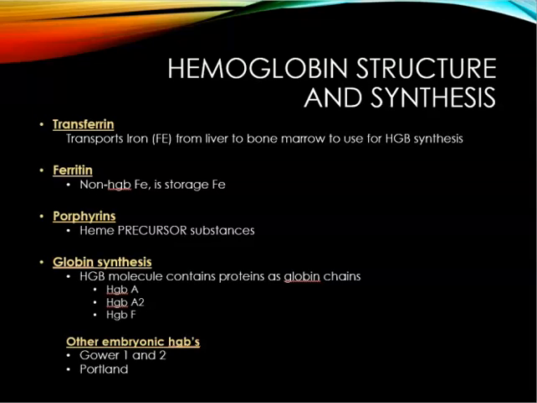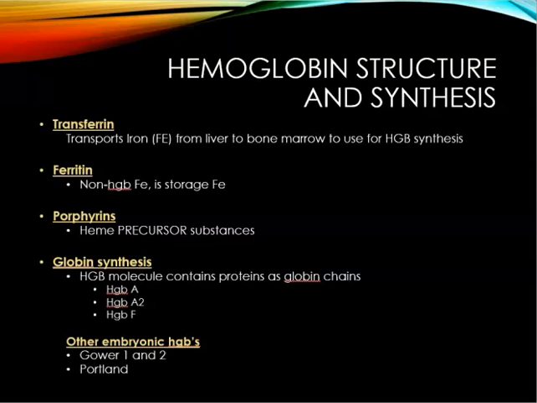Ferritin is also a protein. It's a non-hemoglobin iron. It's a form of iron used for storage. Okay. Porphyrins is a heme precursor substance. It's an iron-containing compound, but it's a non-protein part of hemoglobin.